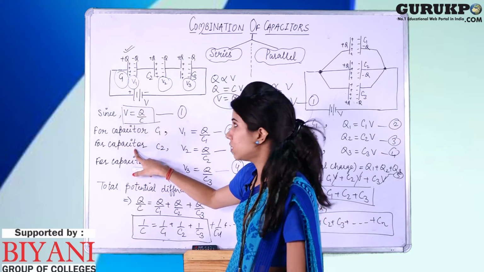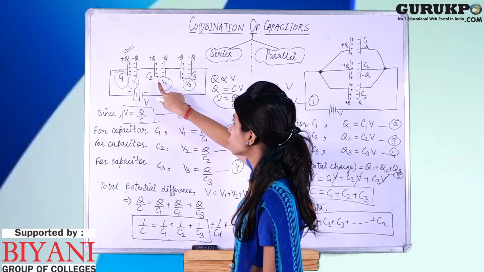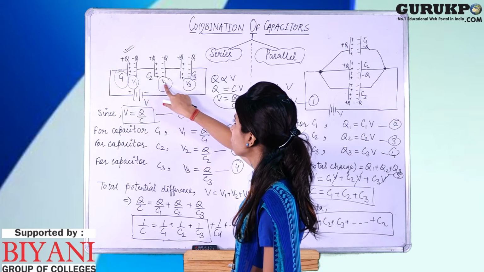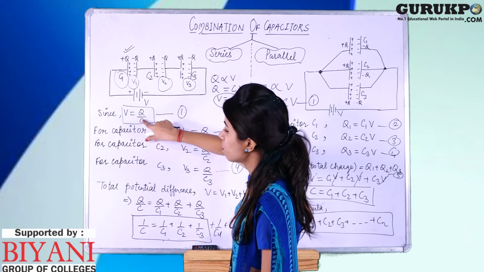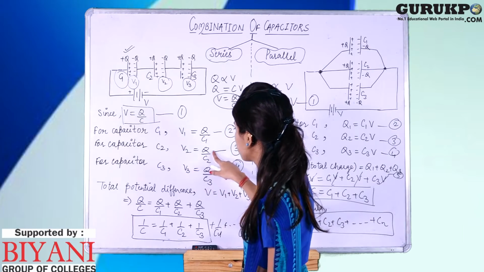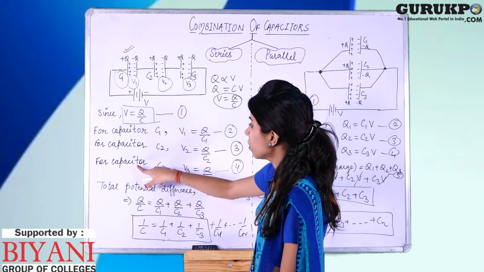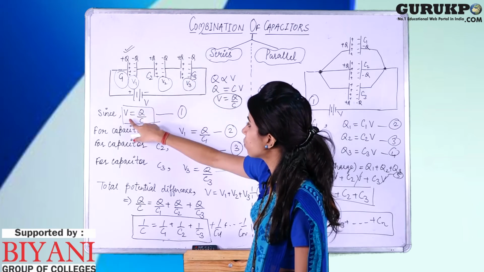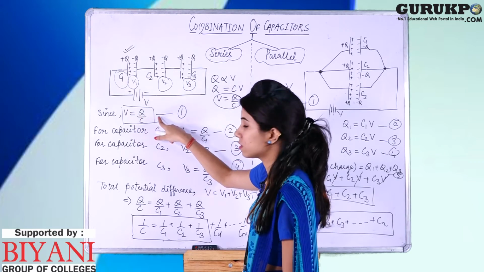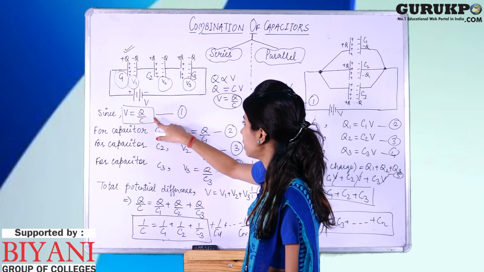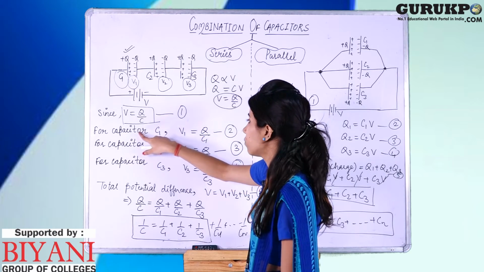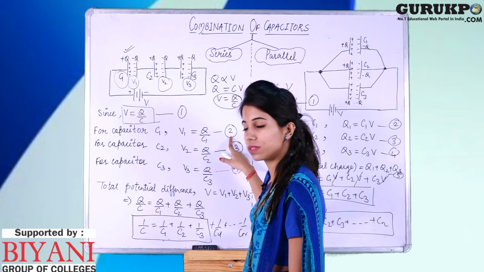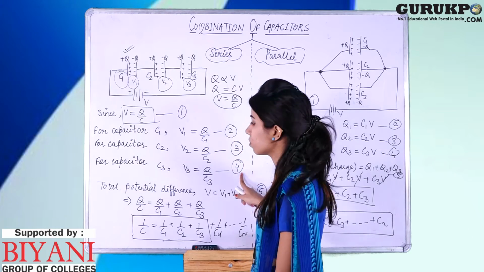For capacitor C2, the voltage is V2. So V2 is equal to Q by C2. For capacitor C3, the voltage is V3. So V3 will be equal to Q by C3. Let the main equation, V equals Q by C, be equation number 1, and for capacitors C1, C2 and C3 these will be equations number 2, 3 and 4.